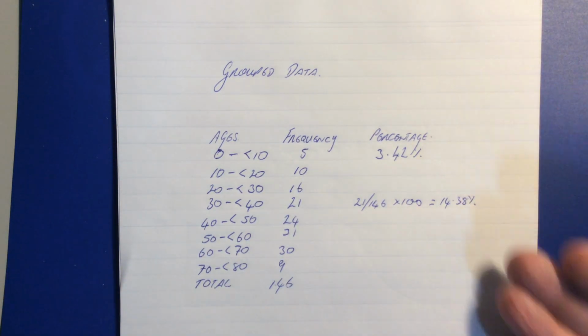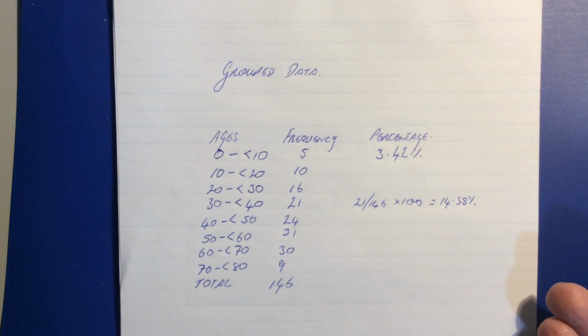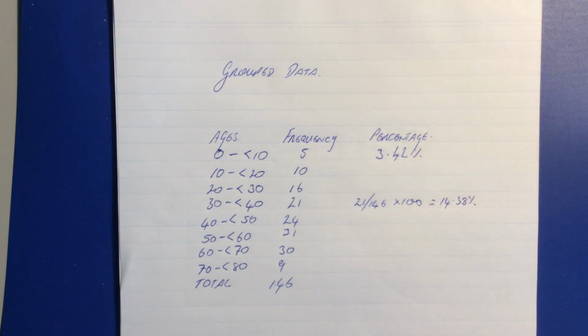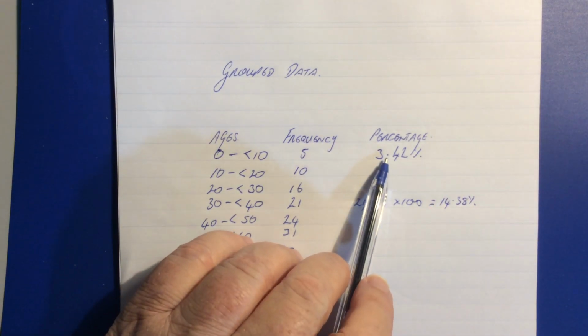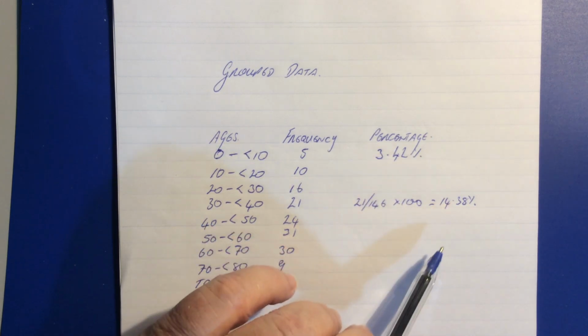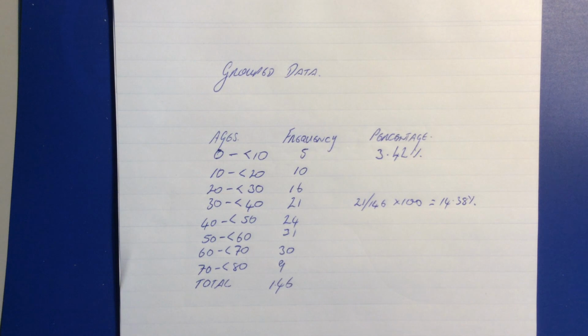Okay, that's maybe interesting and useful. And you can continue all the way down here and eventually, leaving aside the fact that there is rounding in here, these should add up to 100%, or indeed very close, given that there's rounding.